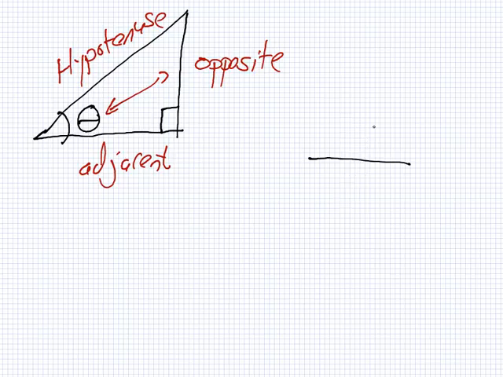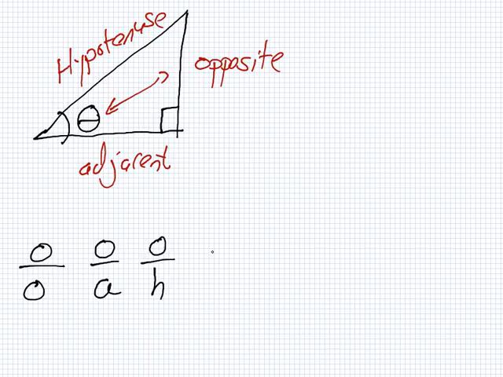Or you could have adjacent over opposite, adjacent over adjacent, adjacent over hypotenuse. And the final 3: hypotenuse over opposite, hypotenuse over adjacent, and hypotenuse over hypotenuse. Now, 3 of them we can automatically cancel as not being important. This one, and this one here.